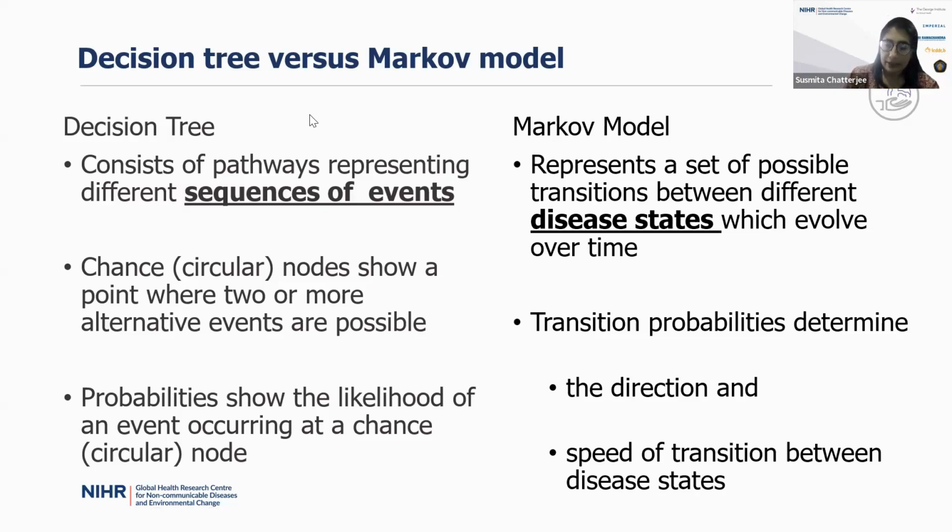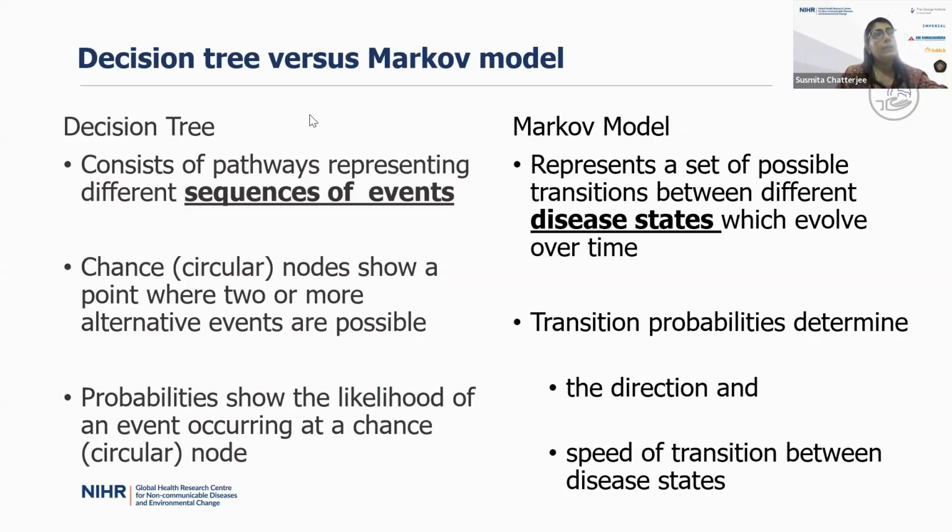One thing to mention here: how will you get these probabilities? The probabilities are absolutely required to do this, for the decision tree and Markov. So if there is an RCT, very good, you have some data. But you will not get all the probabilities from your RCT, as I mentioned, because your RCT will end at some point.